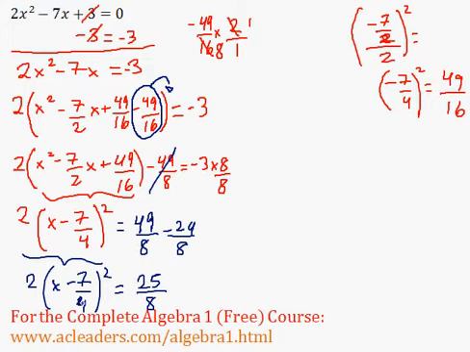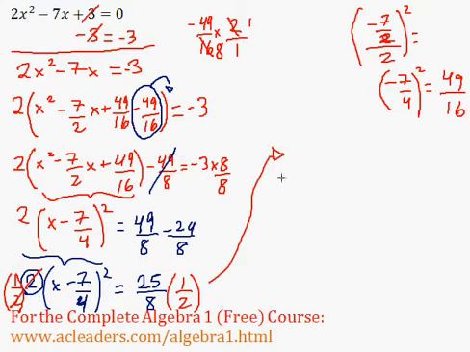At this point, I actually want to get rid of this 2 on this side, and to do that, I will multiply both sides of the equation by half. So these guys are going to cancel out. I'm going to continue over here because I'm sort of running out of room. But I'll do it in a different color, I guess. So we have x minus 7 over 4 squared equals 25 times 1, 25, and 8 times 2, 16.